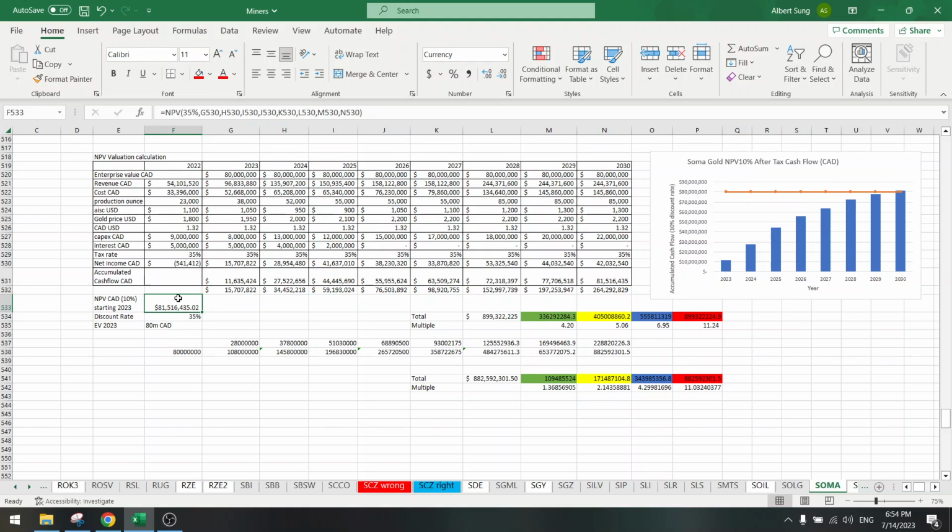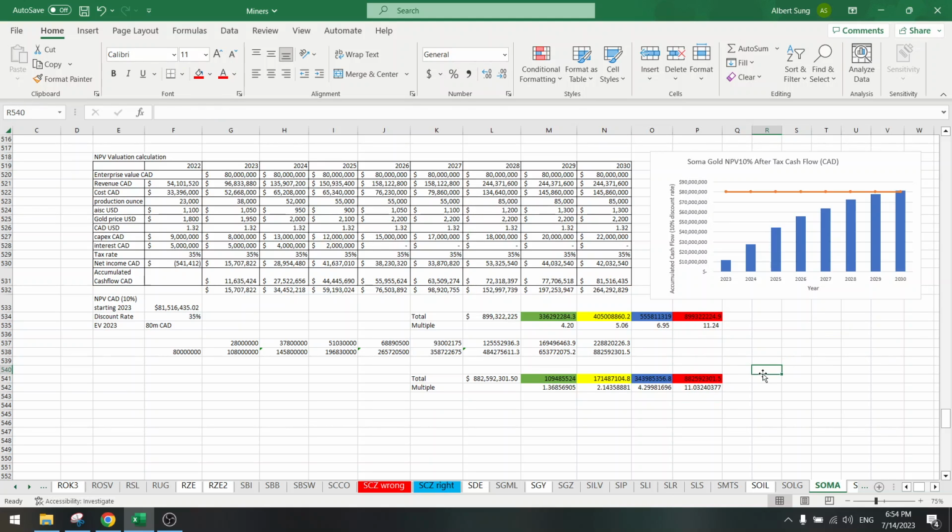So 80 million, and the enterprise value is also 80 million. You see this? 80 million enterprise value is the same as the NPV of the project. That's fair value. Why is it fair value? Because you can put your money in Soma Gold with 80 million, or you can put your money in the bank at 80 million and get 35% each year compounded on the bank just by government bonds, right? And then you will get the same return at the end.